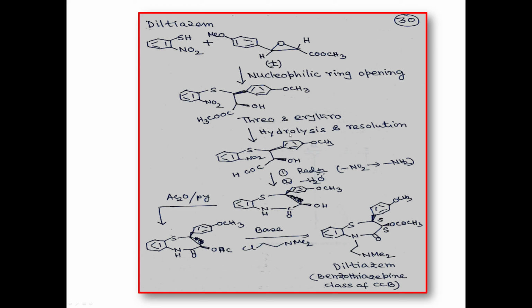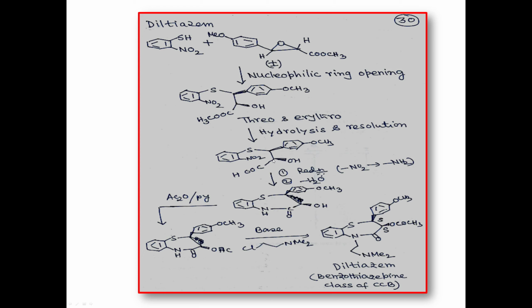So on hydrolysis, the ester group will give the carboxylic acid, and then we can consider it as a racemic mixture of carboxylic acid, which can be separated by using an optically pure chiral base. Next we have to proceed with only one enantiomer out of the four, the SS compound.